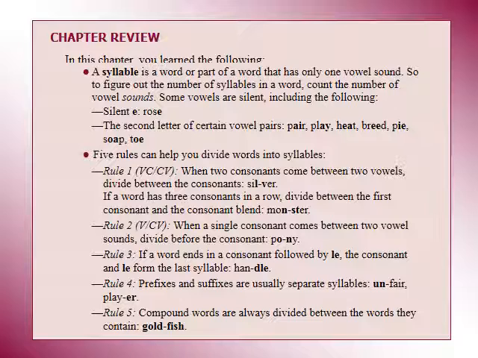And we'll also have words where you have two vowels right together, like pear, play, heat, breed, but only the first vowel is pronounced, and the second one is not. And then we have the 5 rules that we need to memorize. So rule 1 is VCCV, rule 2 is VCV, rule 3 is the LE rule, rule 4 is the prefixes and suffixes rule, and rule 5 is the compound word rule.